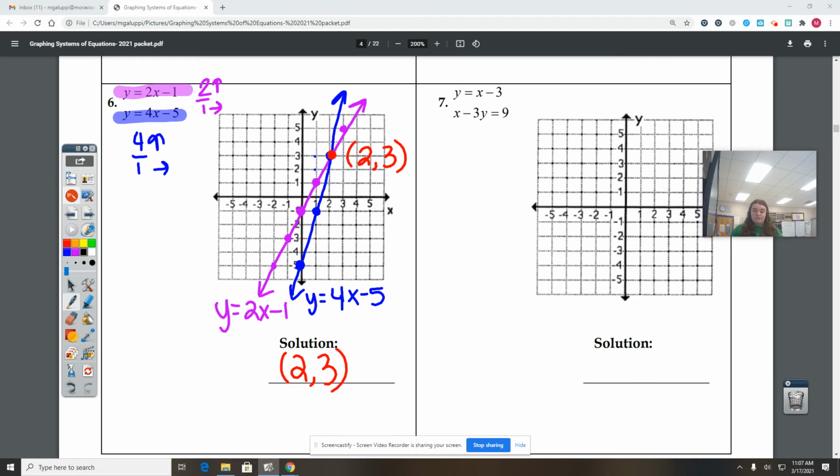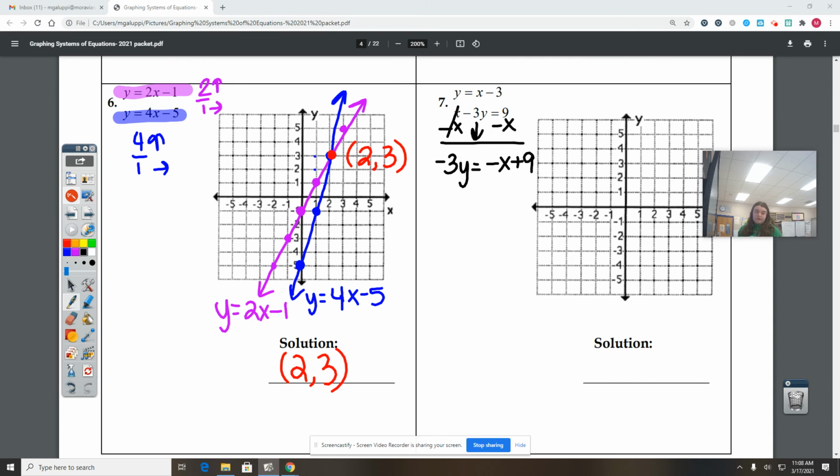So I'm going to subtract x on both sides. I'm going to bring down the -3y. Then I just wrote my -x first.